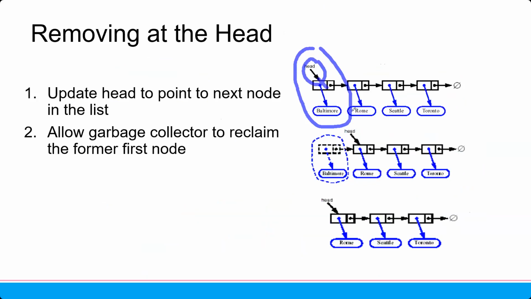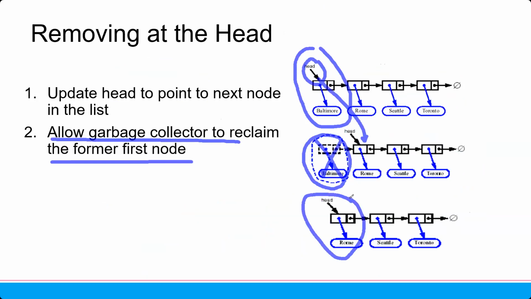Now the position of the head is moved to the next node, and then after we move to the next node, we remove this node. This is a way to remove. Allow the garbage collector to reclaim the former first node. So we want to update into this node.